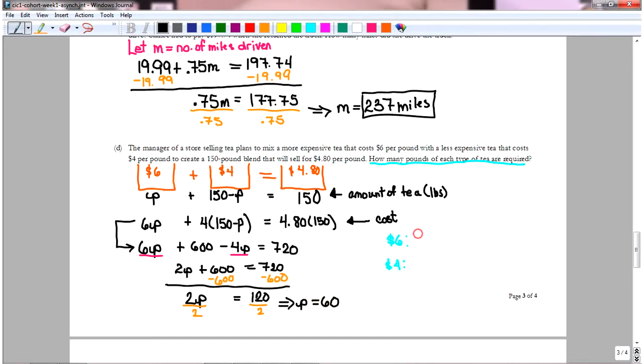So p is equal to 60. How many pounds of $4 tea? Well, we just do 150 minus 60. And that gives us 90. And that would be our answer.